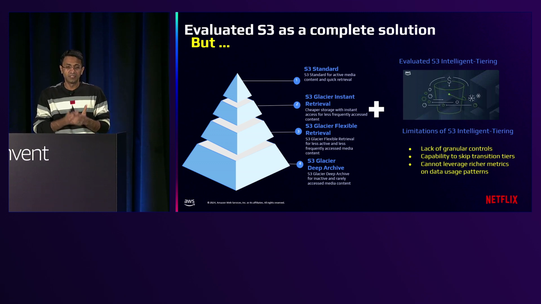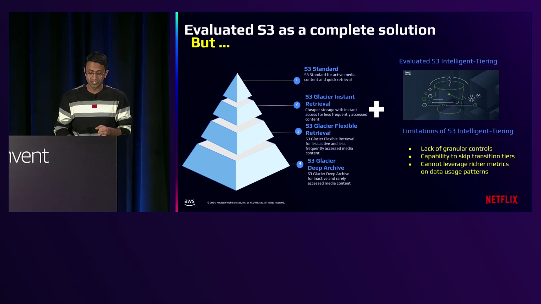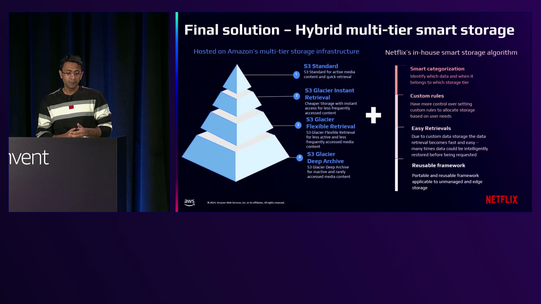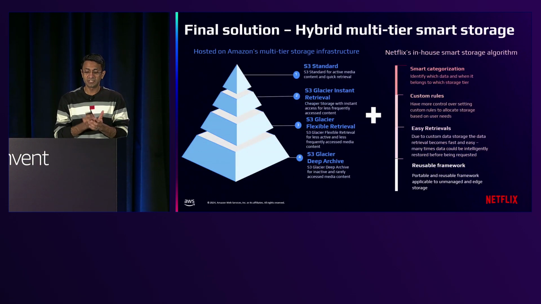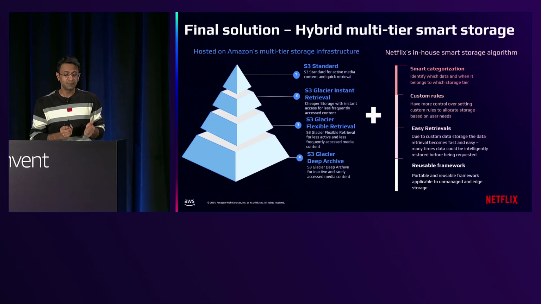These limitations led us to develop a hybrid solution that provides granular control while still giving us the cost efficiency. Let me walk you through our solution that leverages S3's core capabilities while addressing our specific needs. We have built custom tagging capabilities at the object level throughout our systems.